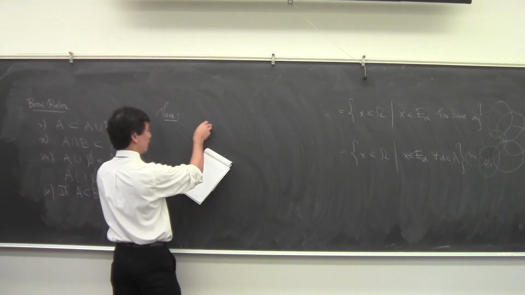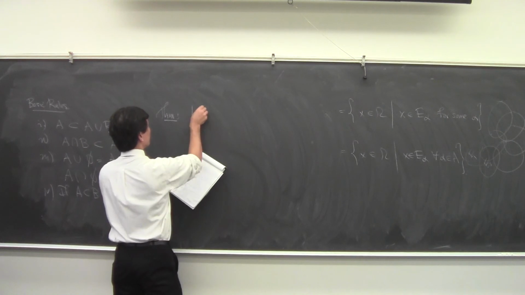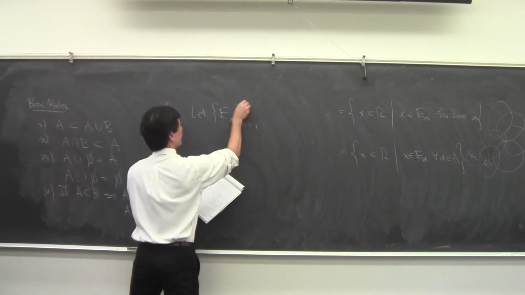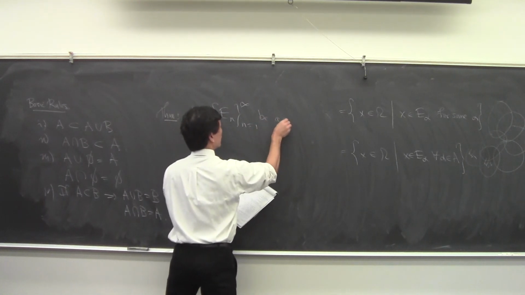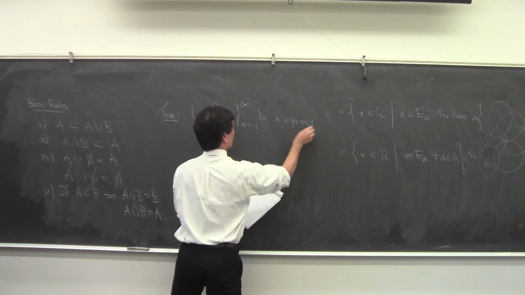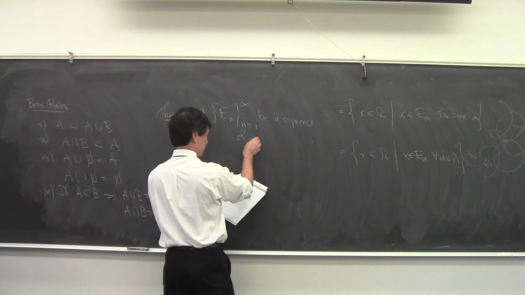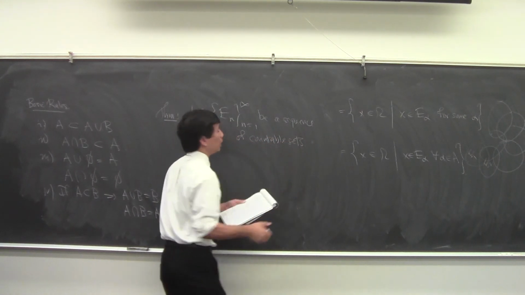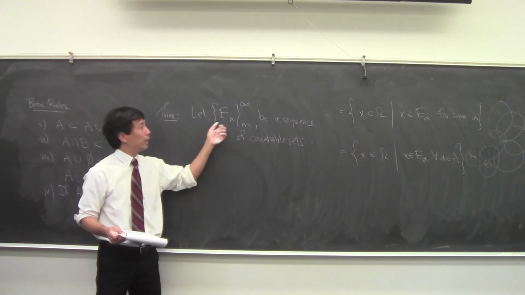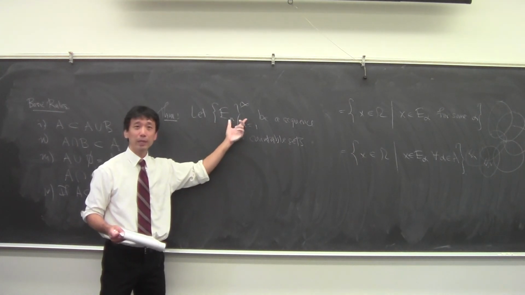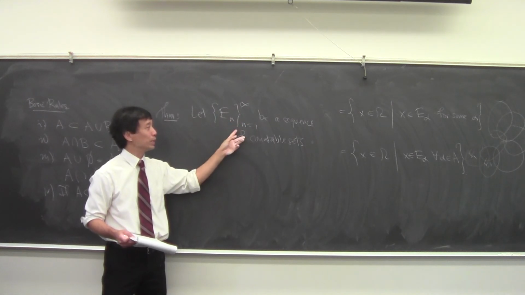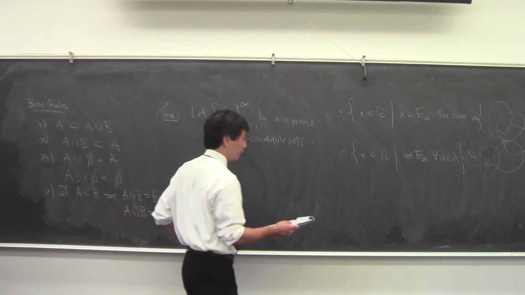So here's the theorem. Let E sub n, from n equals 1 to infinity, be a sequence of countable sets. So you have an infinite sequence of countable sets.